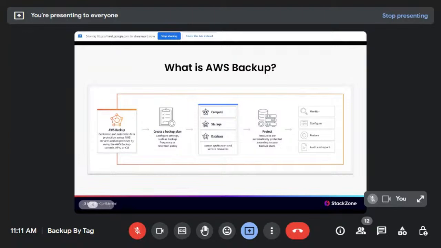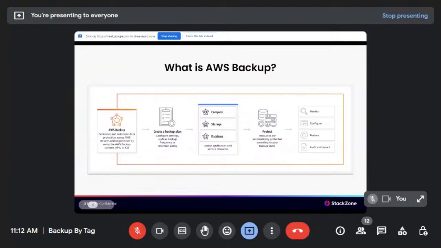So the StackZone Backup by Tag feature will construct all the automation and configure all the AWS services for you, so that when you as an AWS user want to perform an automated backup, all that you need to do is simply apply one of the tags to either an RDS instance, an EBS volume, or an EC2 instance.